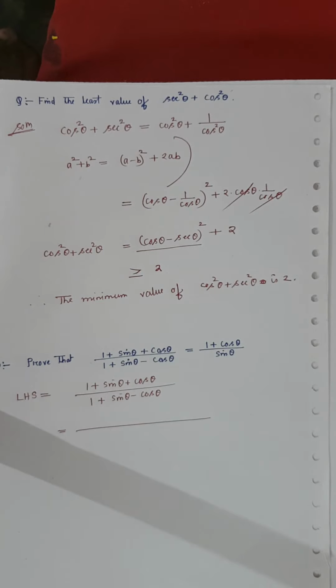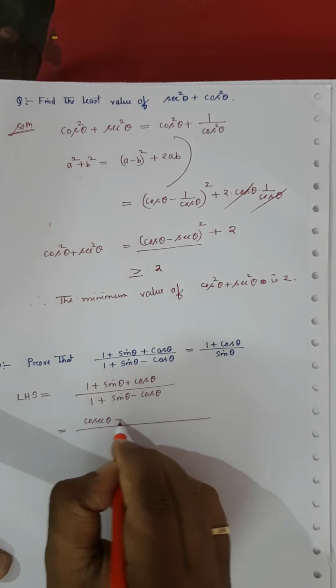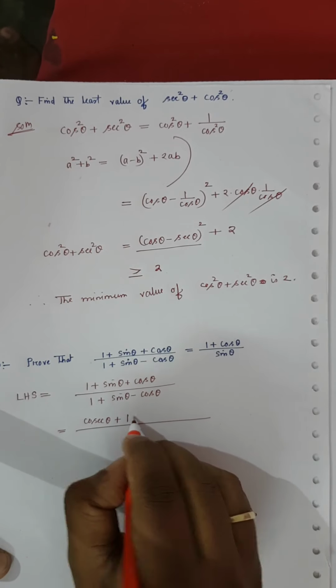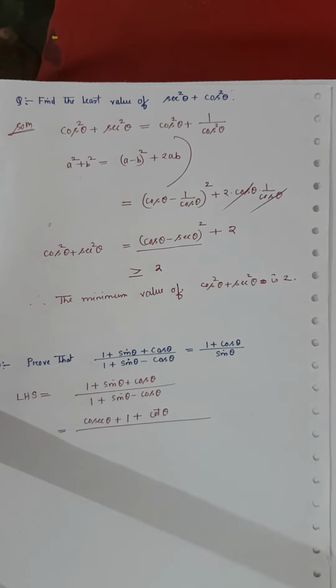Now dividing numerator and denominator by sin theta, you will get 1 by sin is cosec, sin by sin is 1, and cos by sin is cot theta. What I did, I divided the numerator and denominator by sin theta.